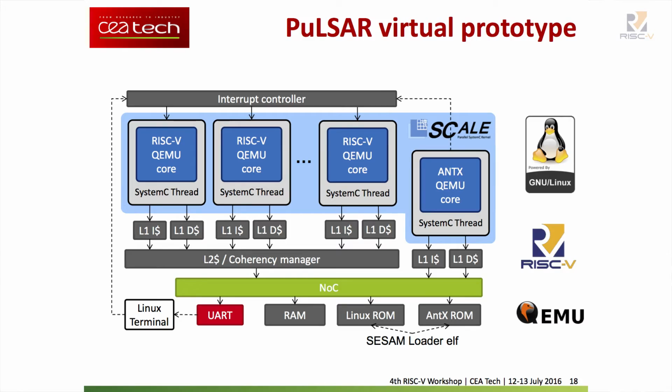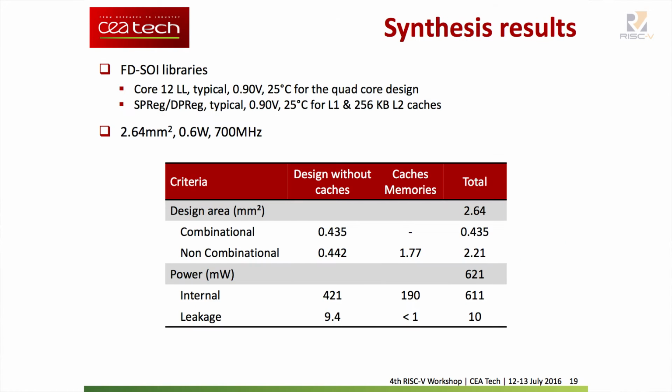So here is our Pulsar virtual prototype. It has different threads for each core. It has the analytics for monitoring and the whole memory hierarchy in it, and at the moment it is able to run Linux.